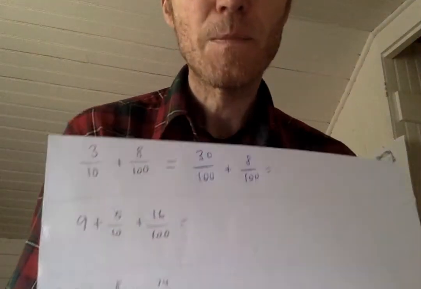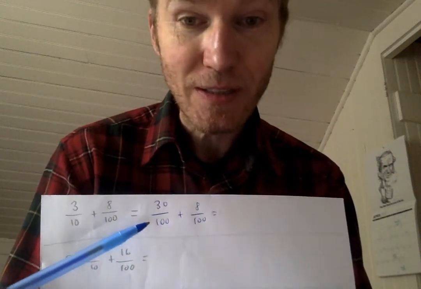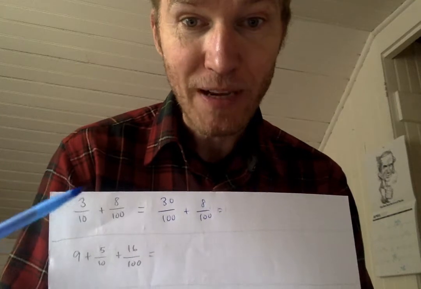So what I would do is put that 3 tenths into hundredths. So you're going to make it say, you know what, 3 tenths is 30 hundredths plus 8 hundredths. Because you just multiply the 3 times 10.